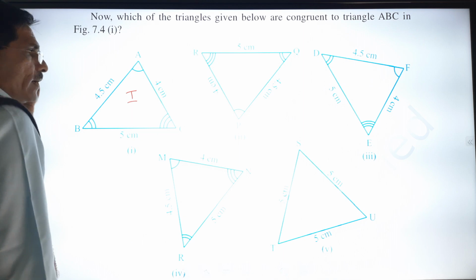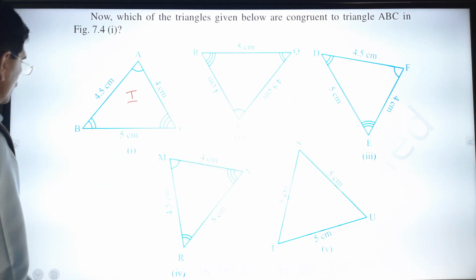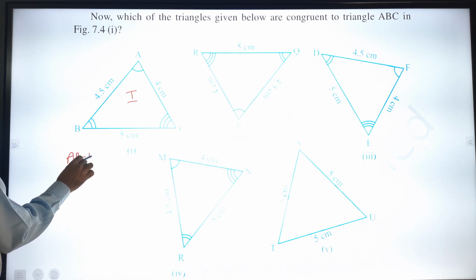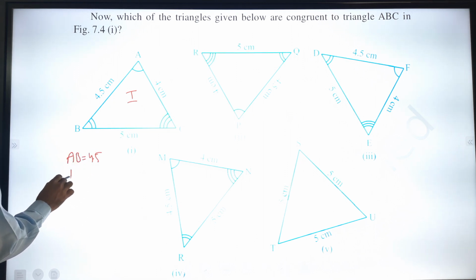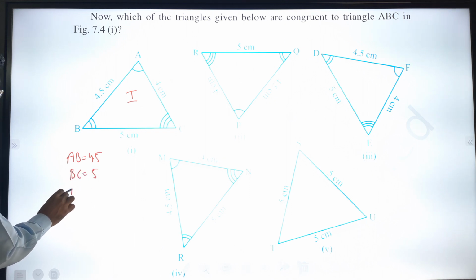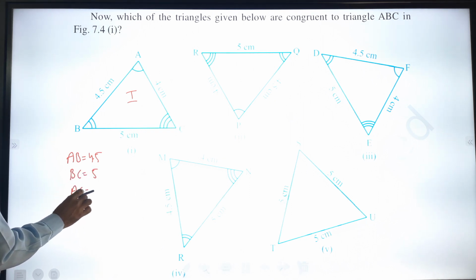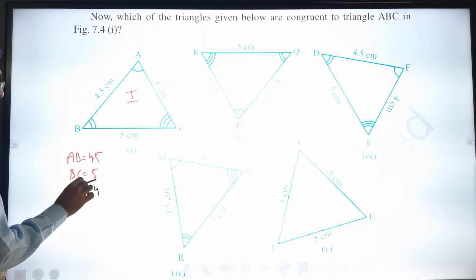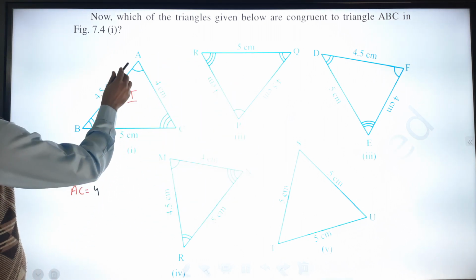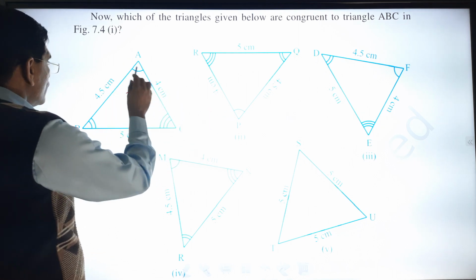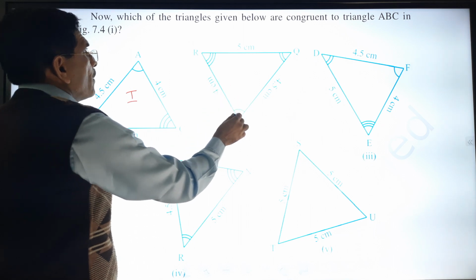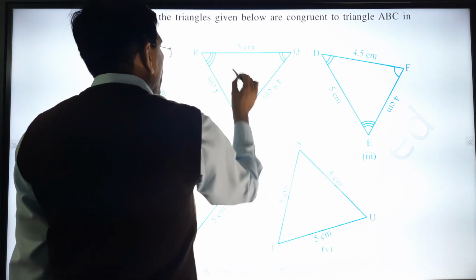So what is the way to identify? Again I say, we have to write. AB is equal to 4.5, BC is equal to 5, and AC is equal to 4. Now we see the second, PQR.